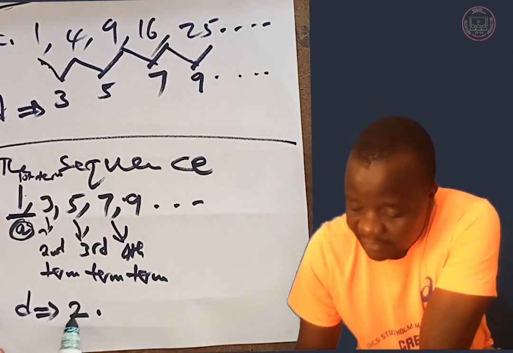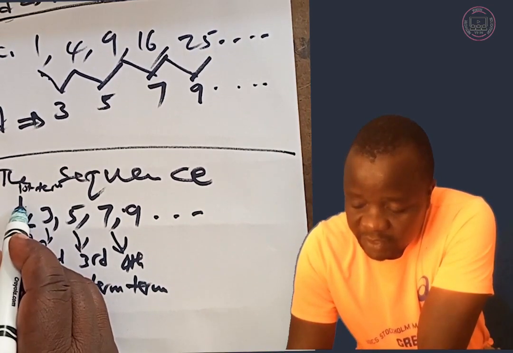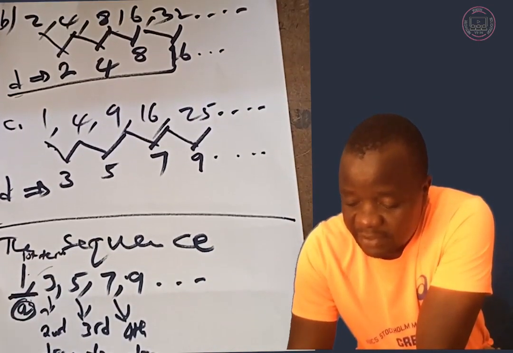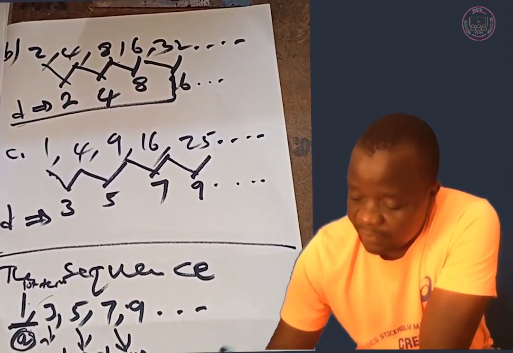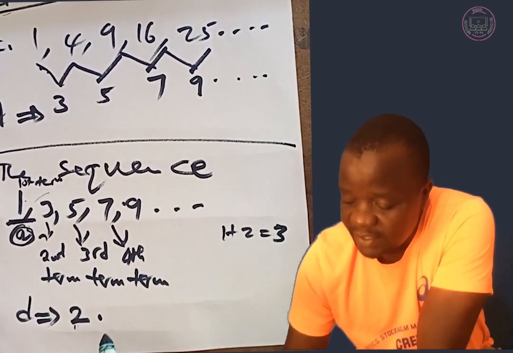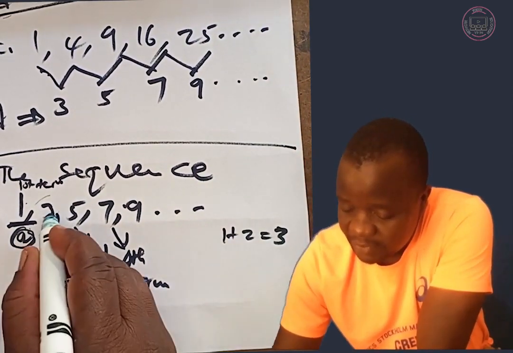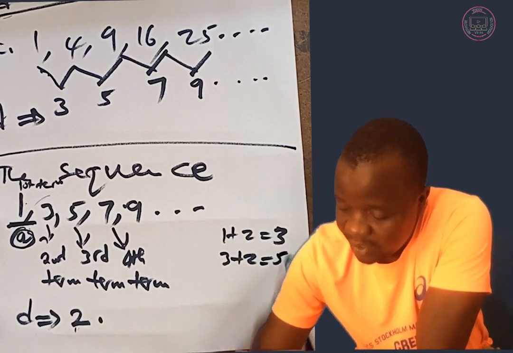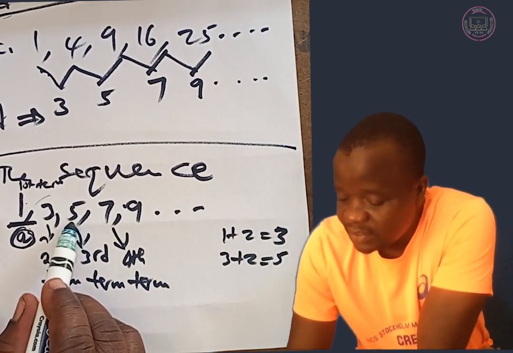You see that if we add D to the first term, we are getting the second term, which is our next term there. So 1 plus 2, we are getting the second term, which is 3. And if we add 2 to 3, we are getting the next term. 3 plus 2, we are getting the third term, which is 5.